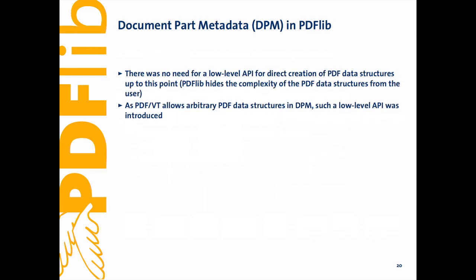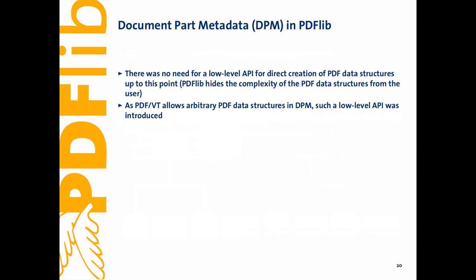What then did we need to do to implement the document part metadata? Up to now, we had no low-level API in PDFlib that allowed you to directly create PDF data structures like dictionaries and arrays, because the philosophy of PDFlib is to hide this complexity from the library user.